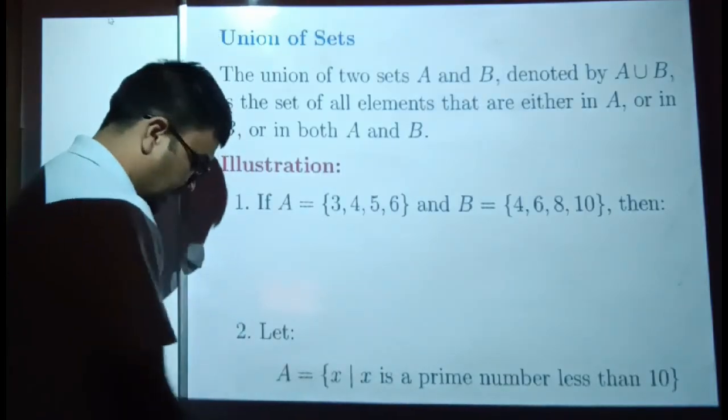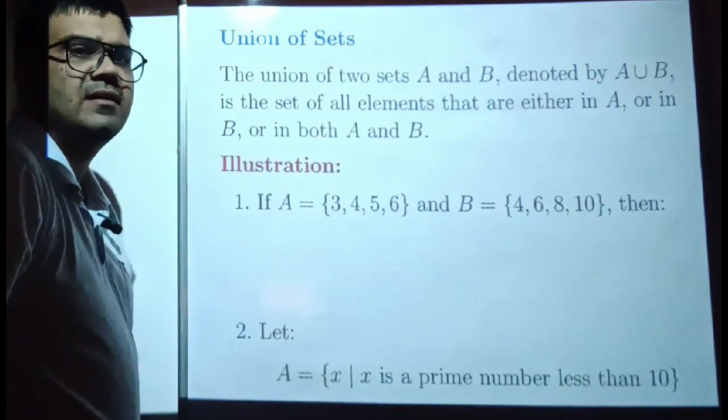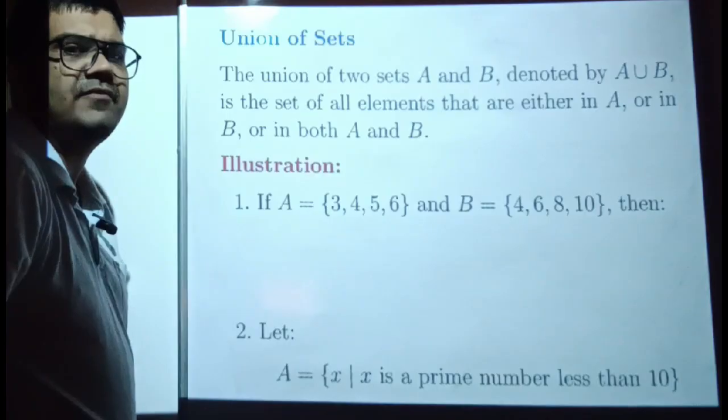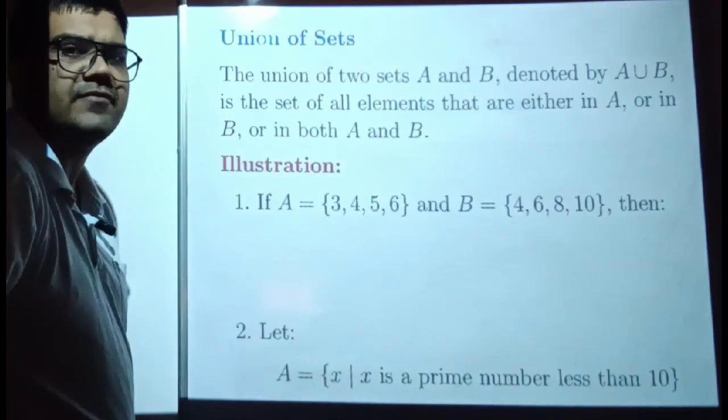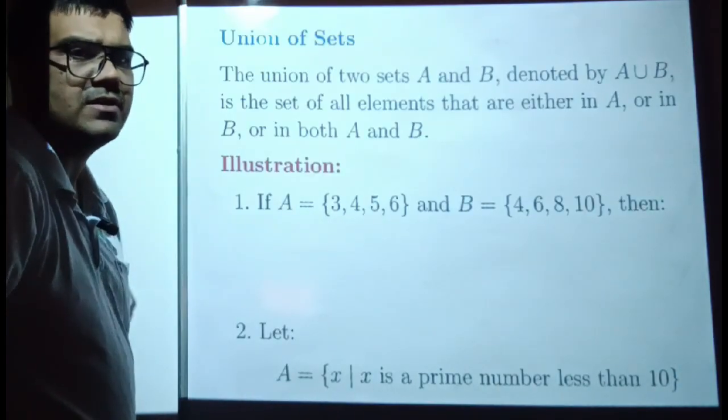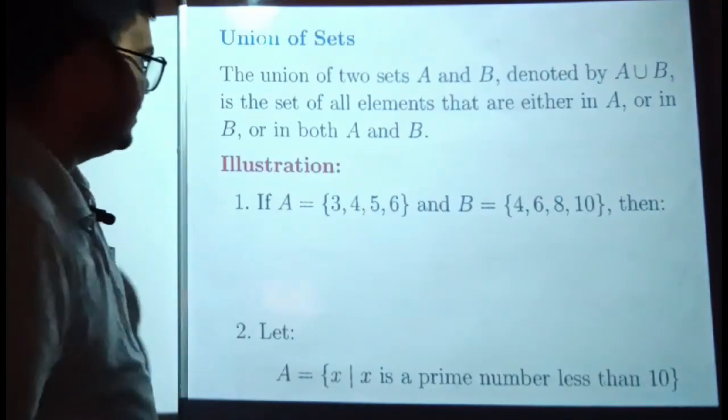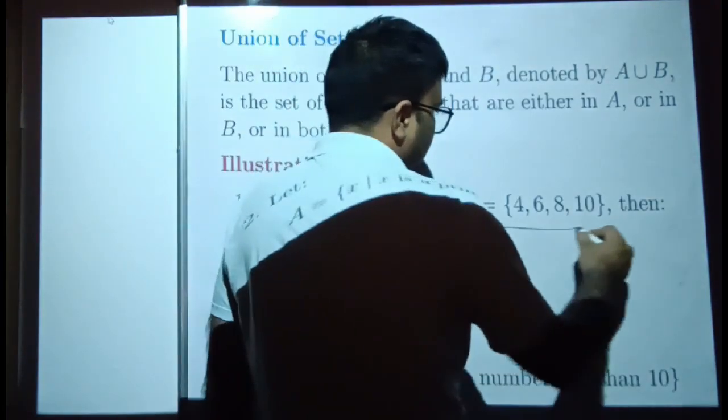Next, let us try to understand in terms of a Venn diagram what we mean by the union of two sets. Suppose we have two sets.